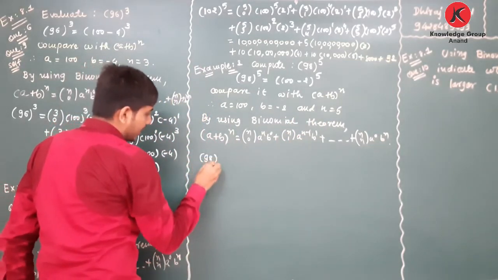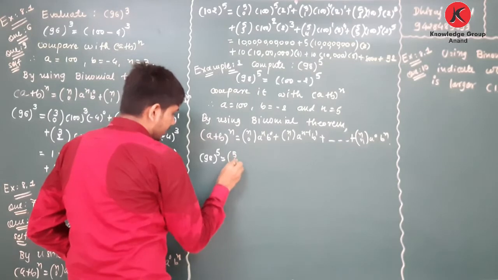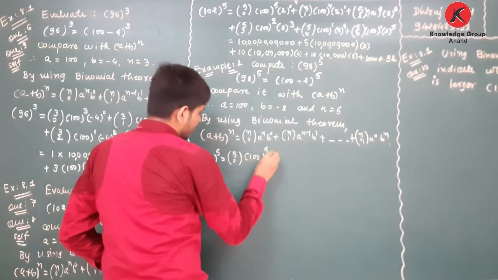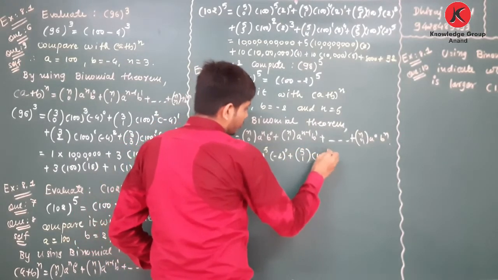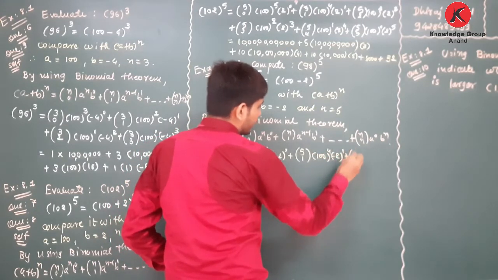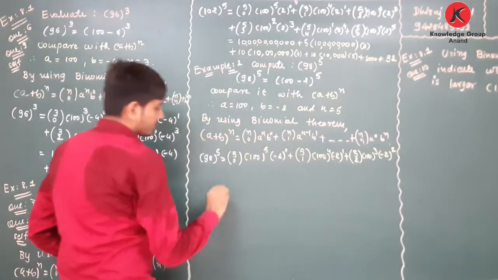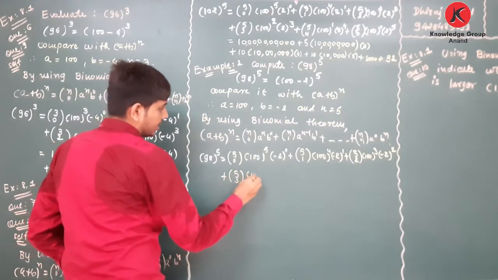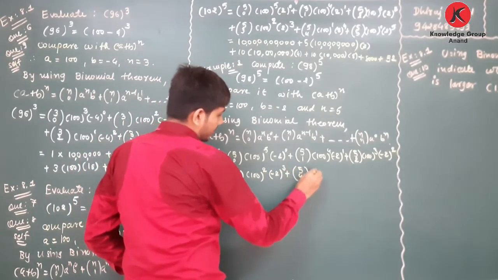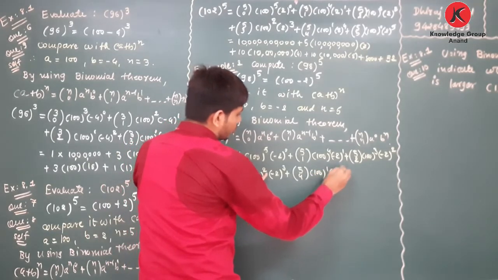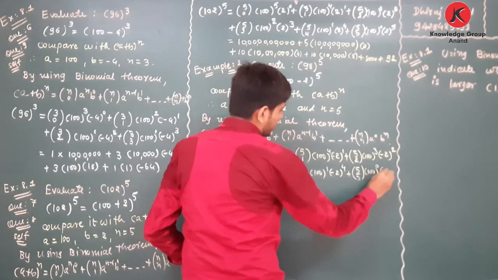Therefore I will get 98 raised to 5, which is equals to, chalo, 5C0, 100 raised to 5, minus 2 raised to 0, plus 5C1, 100 raised to 4, minus 2 raised to 1, plus 5C2, 100 raised to 3, minus 2 raised to 2, same as plus 5C3, 100 raised to 2, minus 2 raised to 3, same as plus 5C4, 100 raised to 1, minus 2 raised to 4, plus 5C5, 100 raised to 0, minus 2 raised to 5.